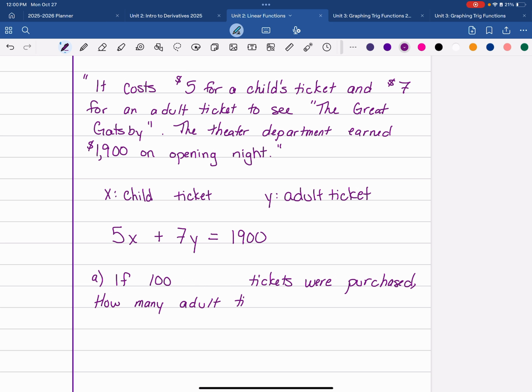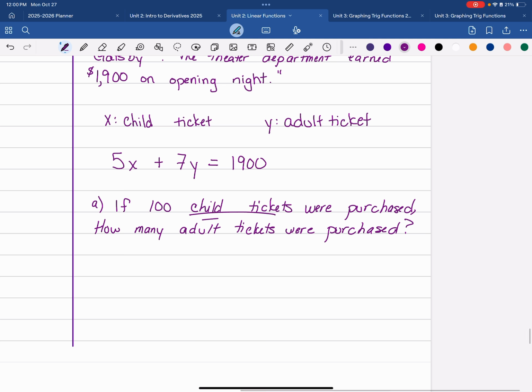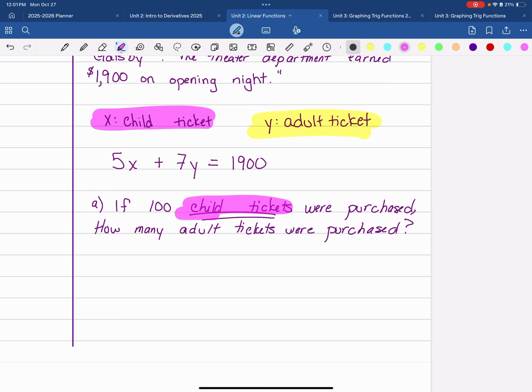Or I guess I should say child's tickets. And so if I'm dealing with children's tickets, I look back at my variables, which is why it's super important that we define our variables. And we say, okay, I'm looking at children's tickets, so I'm looking at the x variable. I'm going to let x equal 100. So I'm going to do 5 times 100 plus 7y equals 1,900.